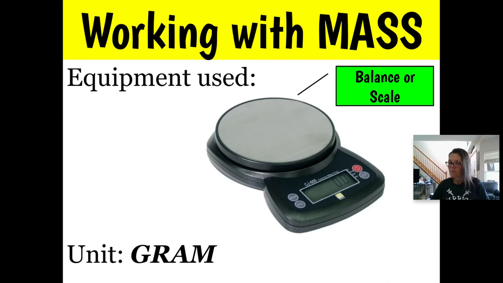Okay, now the base unit for working with mass, as I mentioned, is the gram. And one cool thing about the metric system is they have a way of making the gram bigger or smaller based on what you're going to be using it for measuring. So if you're going to be measuring something very, very, very small, then you would use the prefix milligram to describe the object.